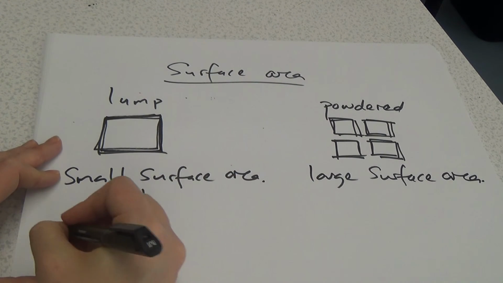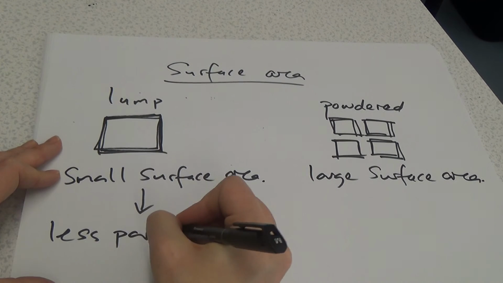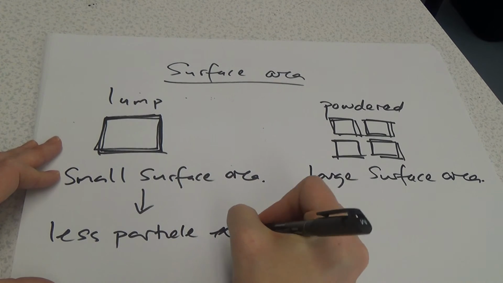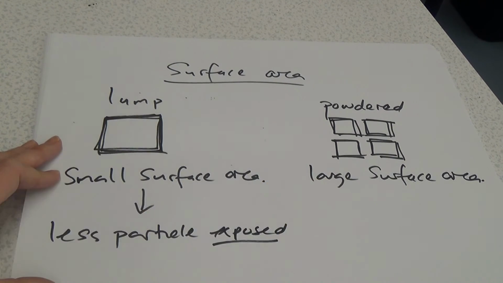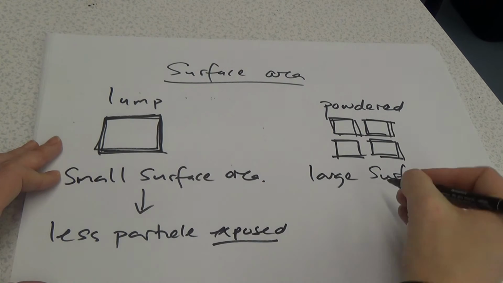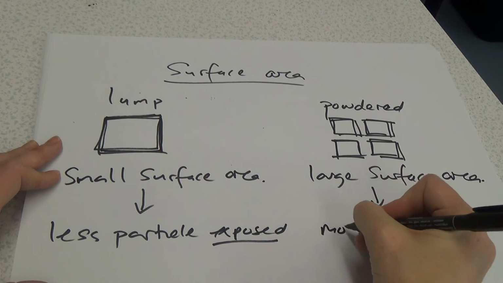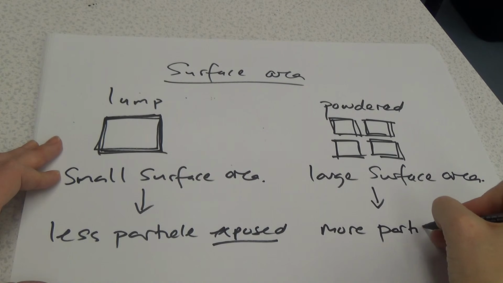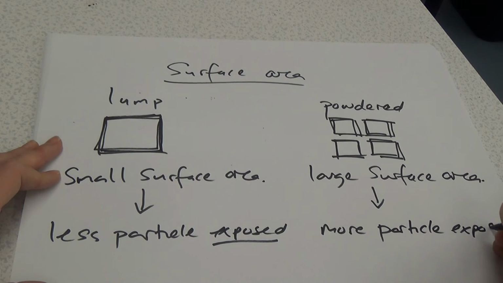A small surface area has less particles exposed. For higher tier, that's a really important word to include. And a large surface area has more particles exposed. And those particles have the ability to react with whatever reactant you happen to have reacting with the solid.